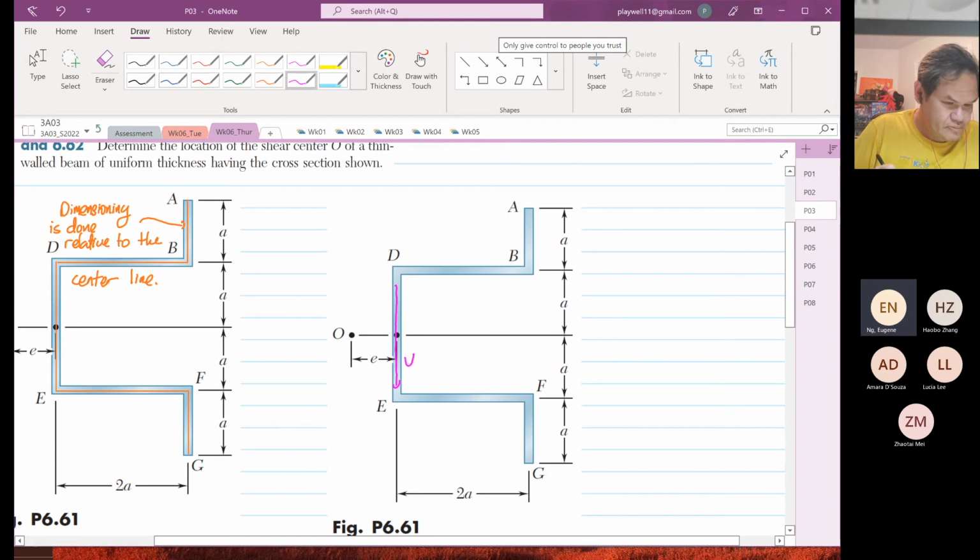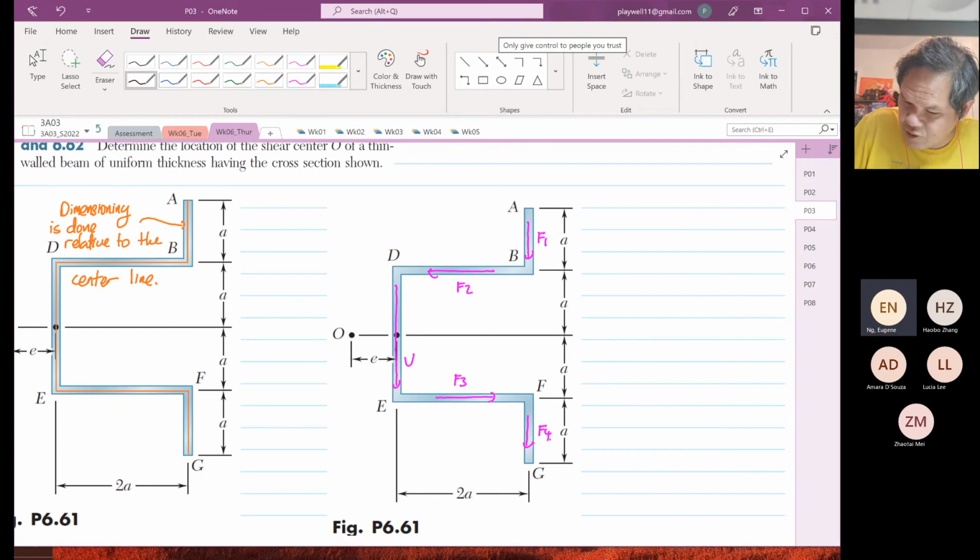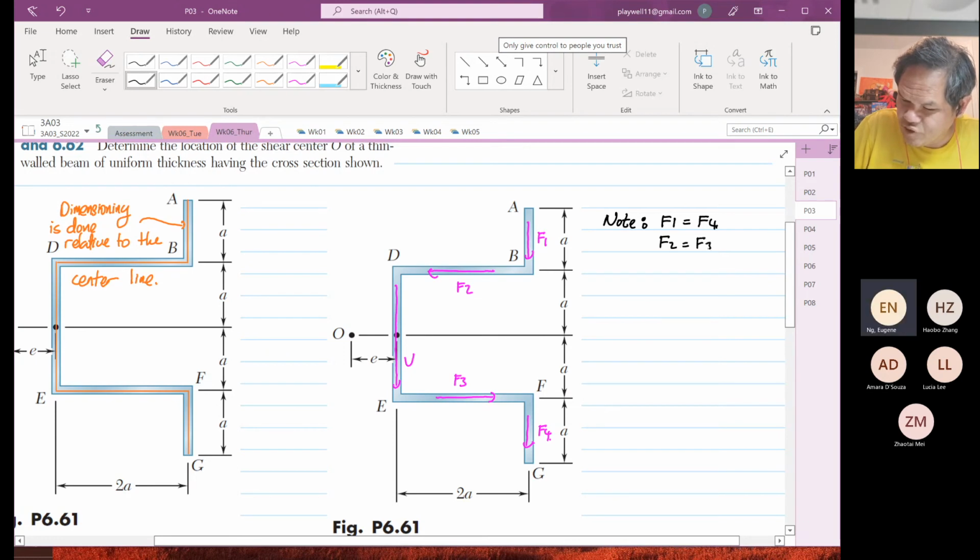V, then these are the shear flow direction. And all this, I'm going to call F1, F2, F3, and F4. Because of the geometry, note F1 is equal to F4 and F2 is equal to F3.